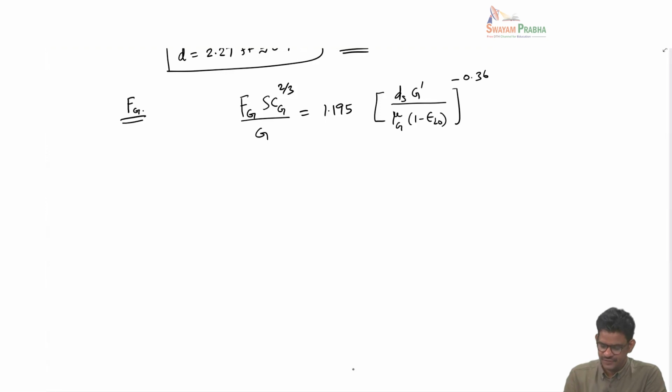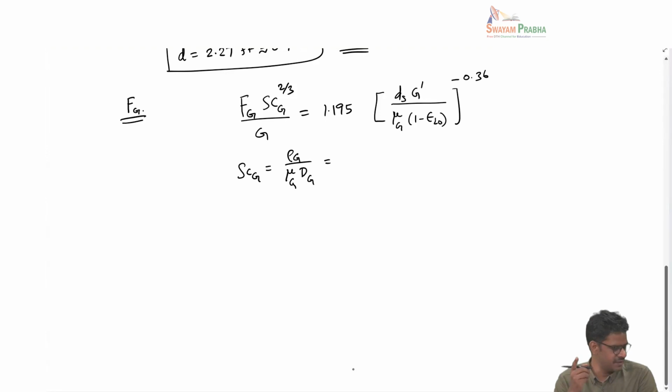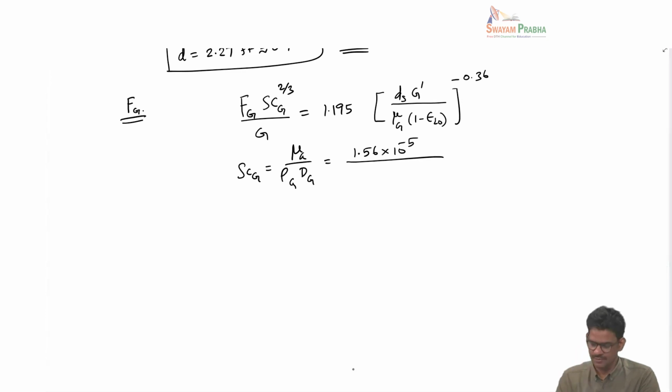We'll proceed by first calculating the Schmidt number, which is given as rho g by mu g Dg. Sorry, it's the other way around, so this is mu g by rho g. Viscosity is given in this problem. Rho g is something we calculated in the previous problem itself.